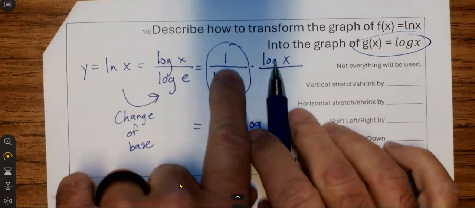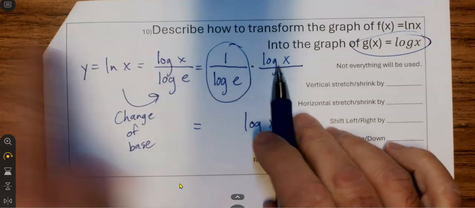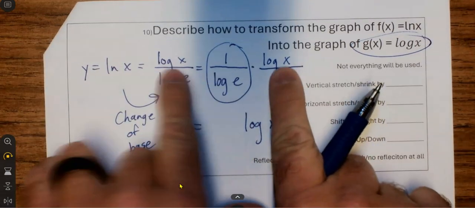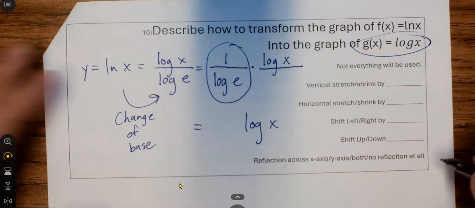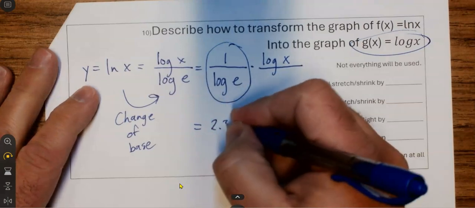So if I multiply these together, I'd get back to the original. Okay, so that's all I was doing is separating them. Is it 2.303? It sure is.